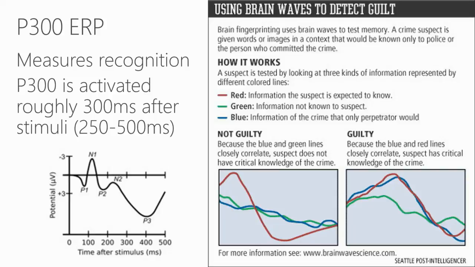One of the things I found was some work around something called the P300 ERP. ERP stands for Event-Related Potential, and that is a way of processing EEG where you're not working with just the raw data, because it's so messy. ERP helps normalize out some of that data. What the ERP actually measures is that blast of recognition.